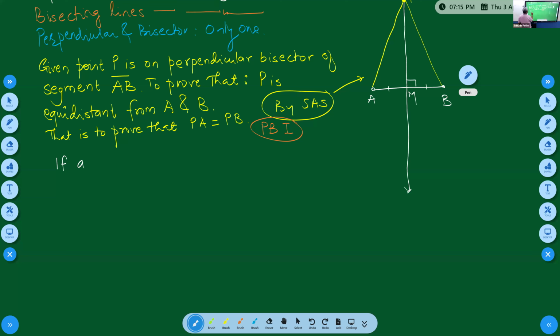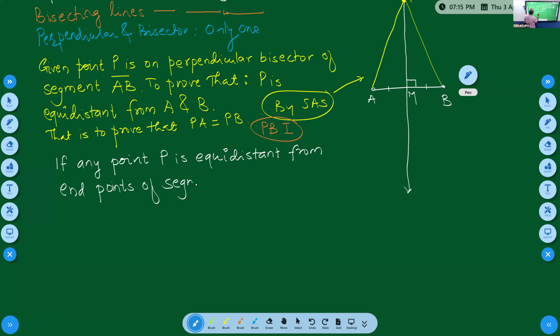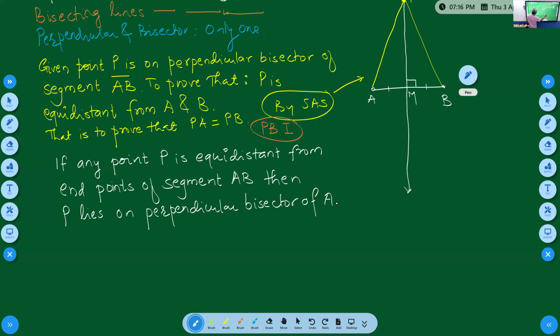If any point P is equidistant from the endpoints of segment AB, then P lies on the perpendicular bisector of segment AB.